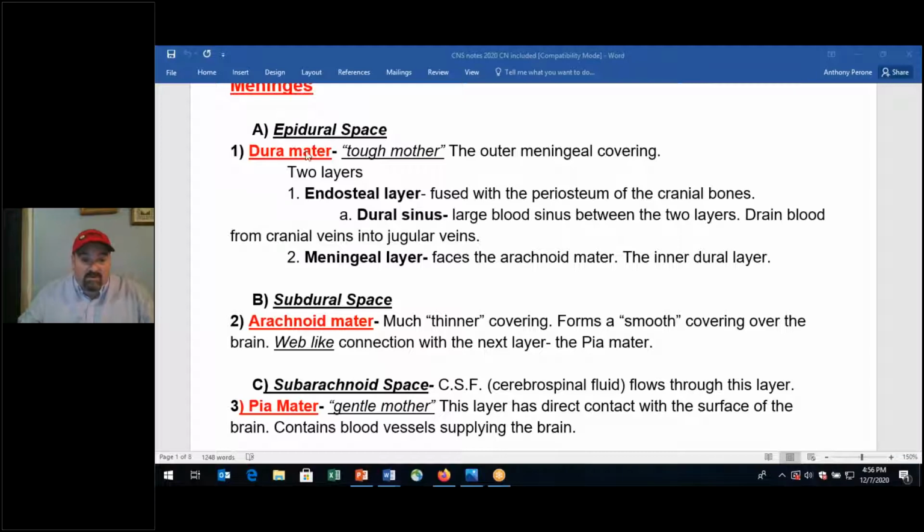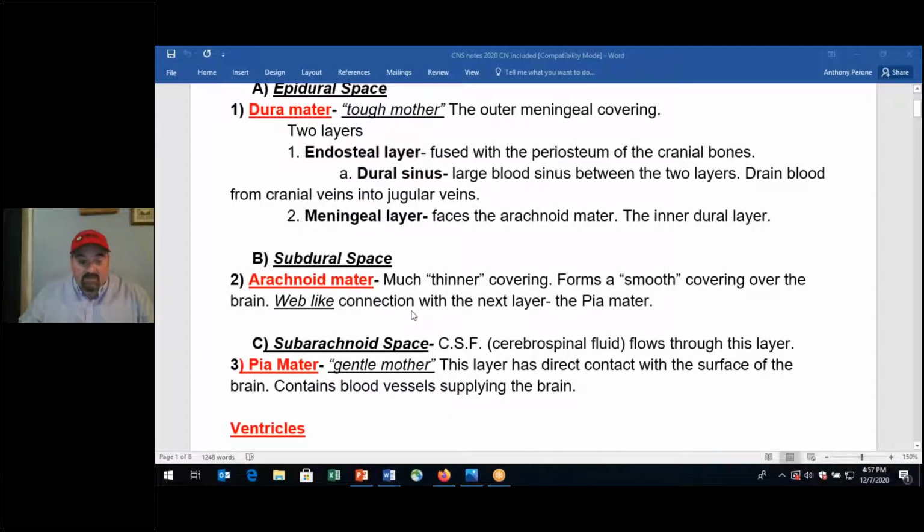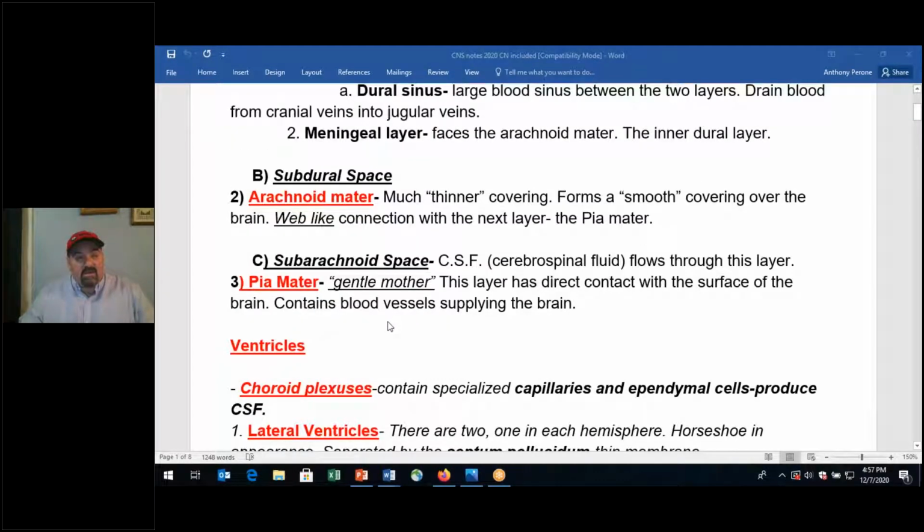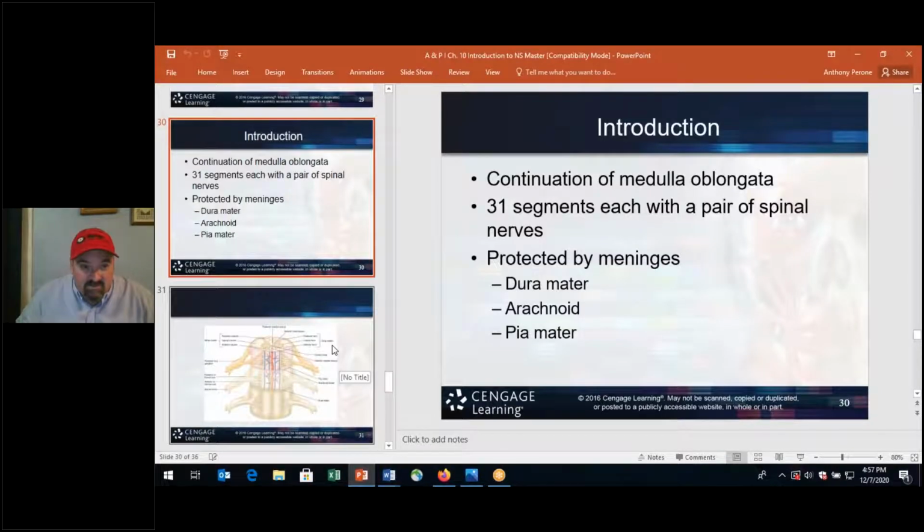So very important to know: dura mater, arachnoid, and pia; epidural outside of, subdural below the dura, arachnoid mater, subarachnoid space containing the CSF, below the arachnoid mater. Okay, so let's go back to the PowerPoint in a moment here. Let's do that, here we go.